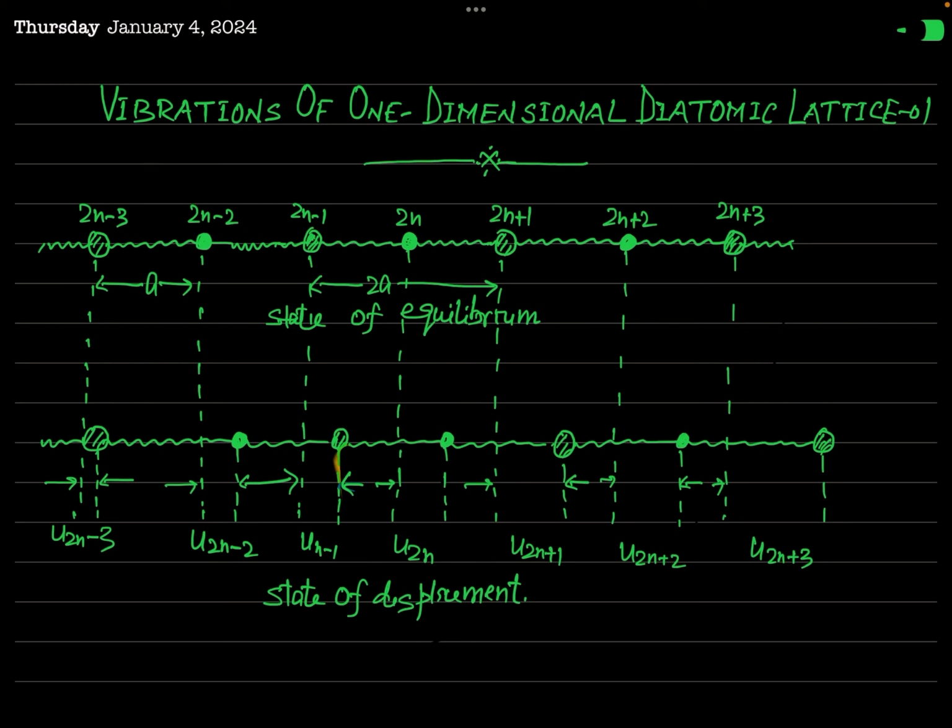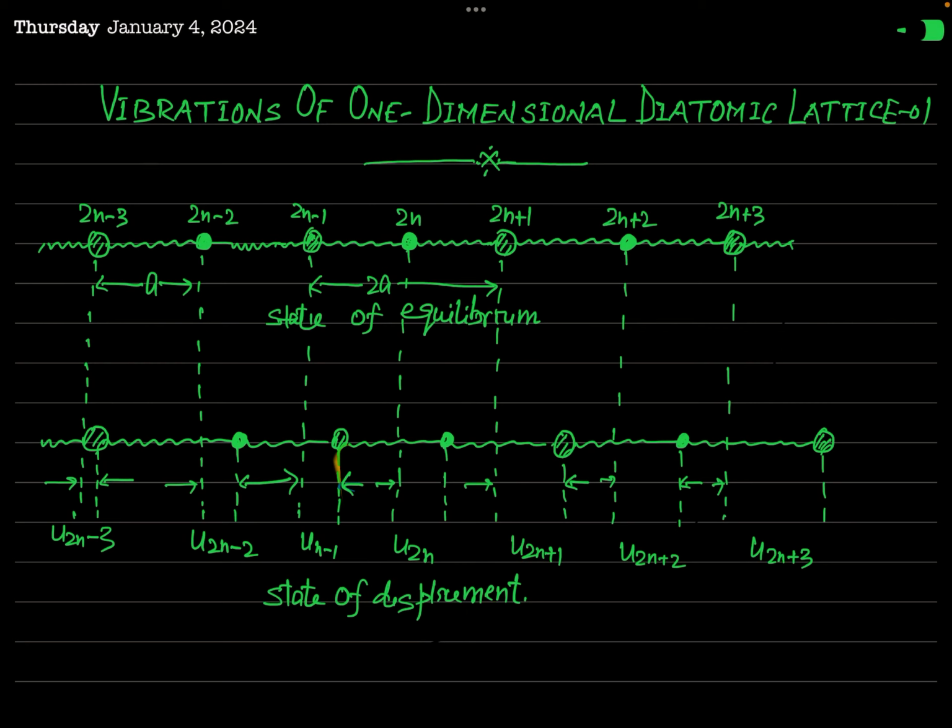In this first part, we will discuss the vibration of this diatomic linear lattice, and we will obtain the equation of motion, and solving that equation of motion, again we will find a very important equation which is called dispersion relation.